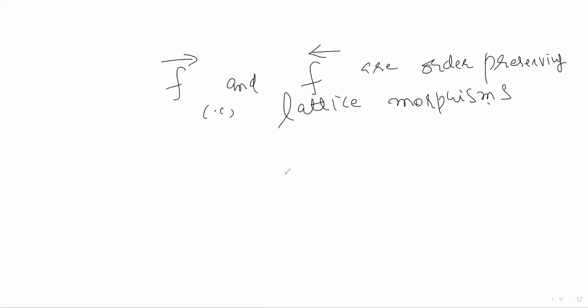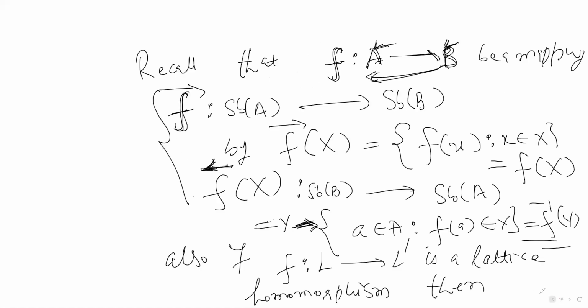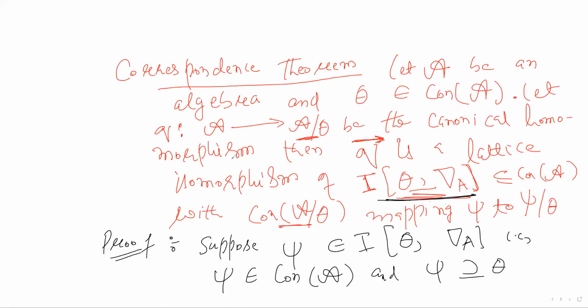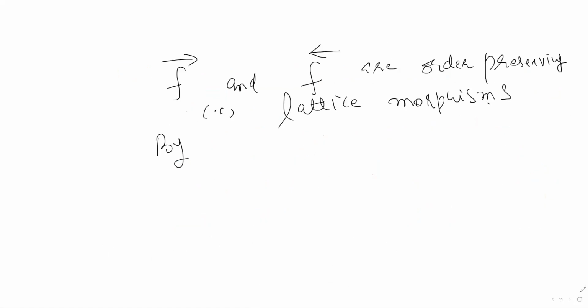Now, by definition of Q, Q is a mapping from an algebra A. A lattice is also an algebra. So if Q is a mapping from A to A by theta, then what is Q forward arrow?